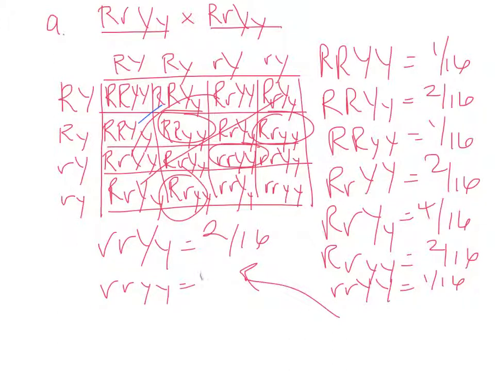And then we have that one, which is 1 out of 16. Then you can go through and determine which ones are going to be round seeds and yellow seeds, or wrinkled and green, and do all the phenotypic ratios. You can do it as percentages instead of ratios if you would like. And that is it for that one.